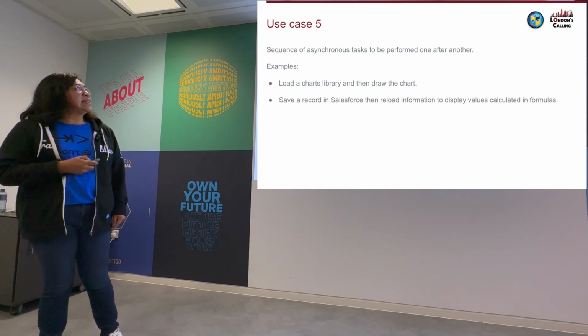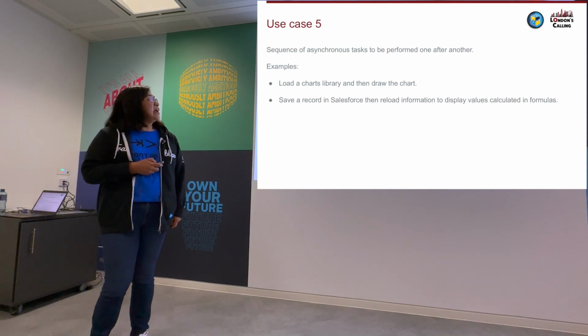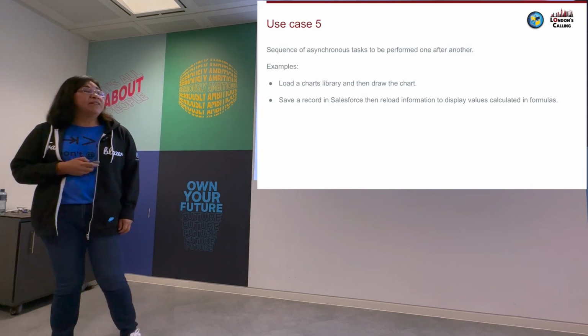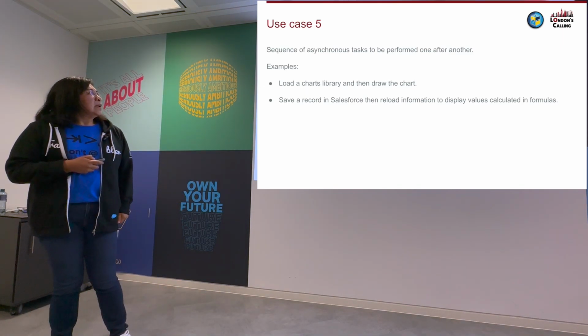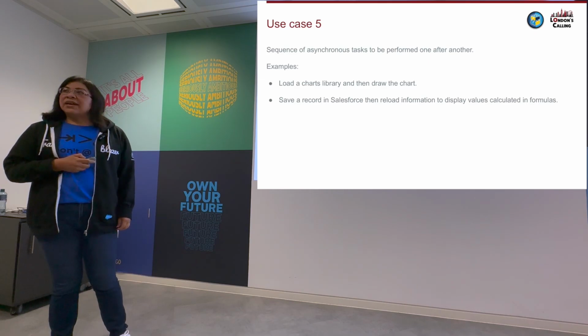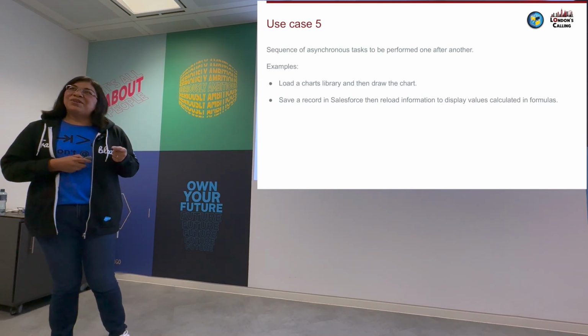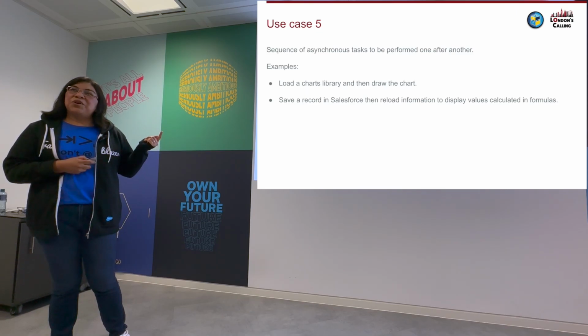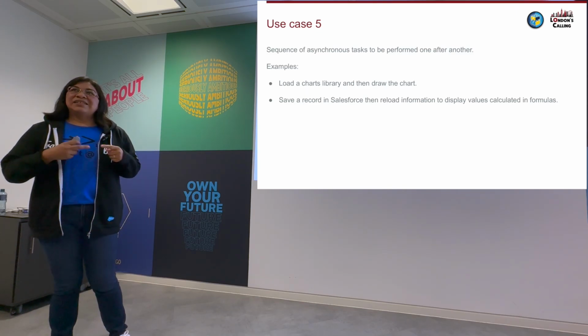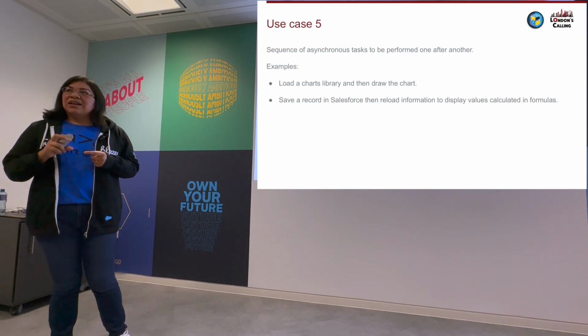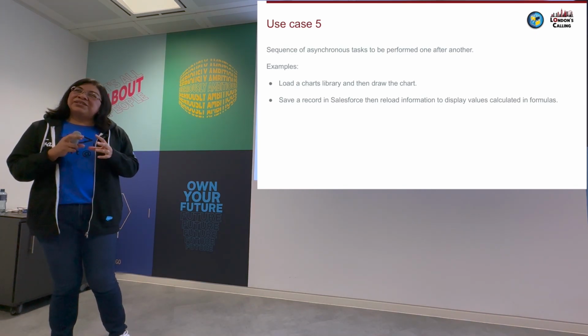And the final use case is a sequence of asynchronous tasks that have to be performed one after another. Some examples are when you need to load a chart library and then draw the chart. At the beginning of my career, I was getting into many problems in asynchronous programming, because sometimes this concept wasn't well understood.